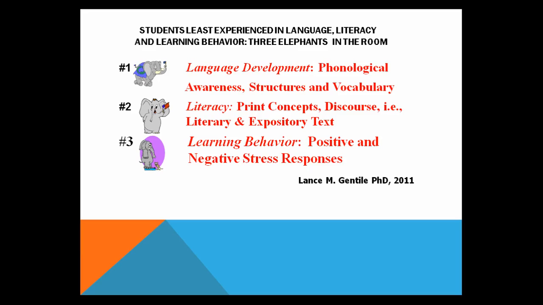And learning behavior is the one that frequently gets left out of the design. Most teachers are not trained very well to identify negative stress responses and then know anything much about intervening in a way that reverses that negativity and moves these students or the groups that I'm working with toward a more positive, flexible stress response. We'll have more to say about that in a little bit.